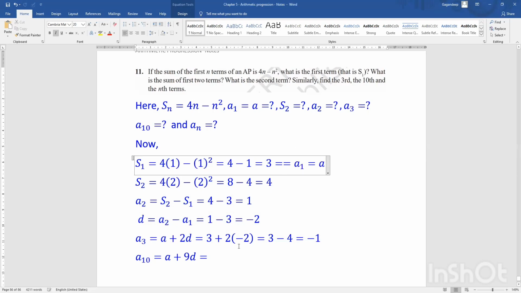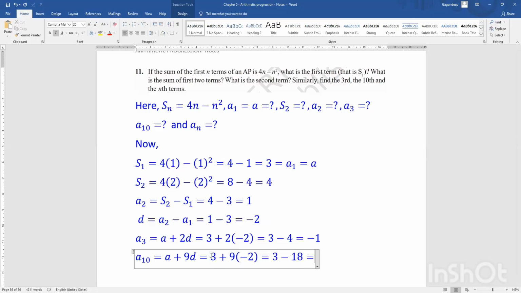So we are going to write a as 3 plus 9 into d, which is minus 2, which is nothing but 3 minus 18, which is equal to minus 15.